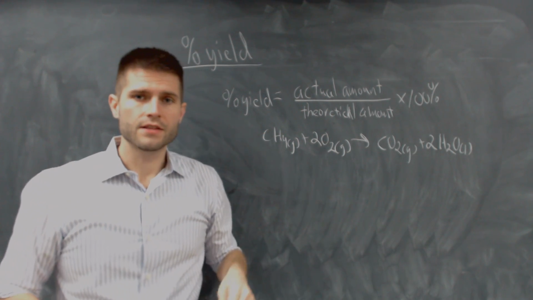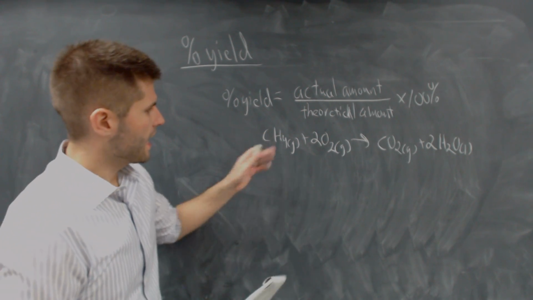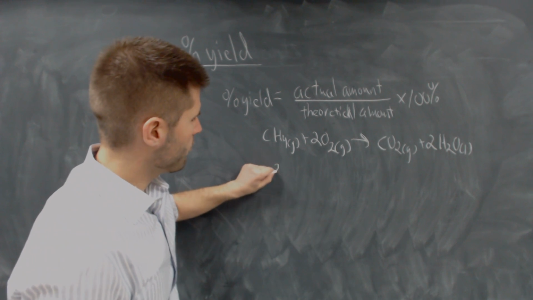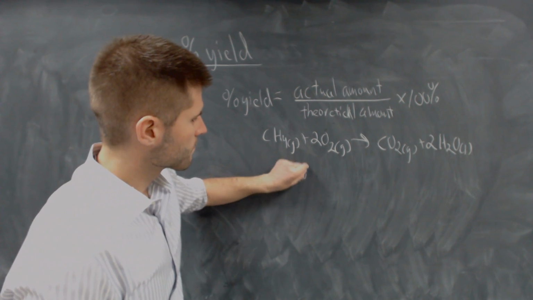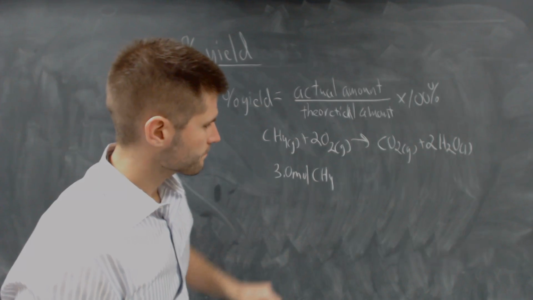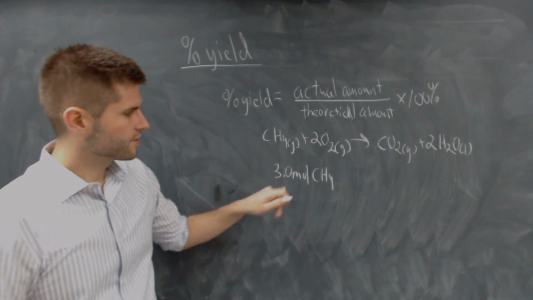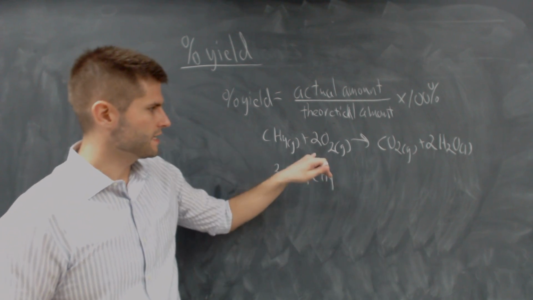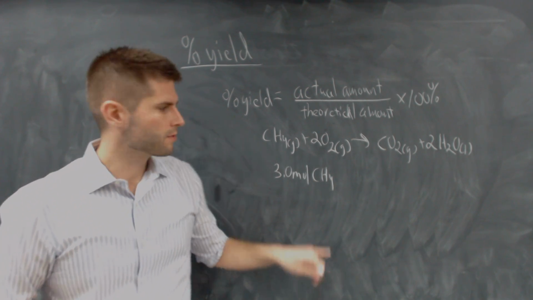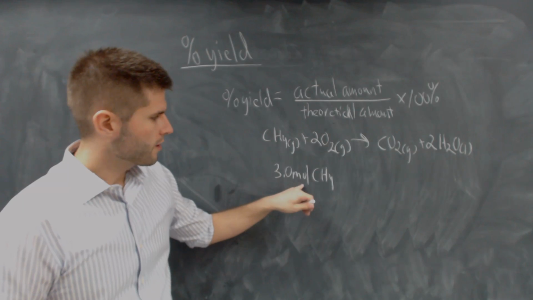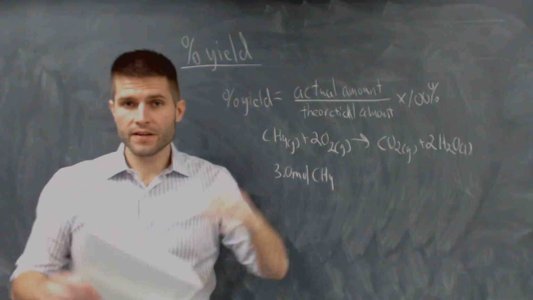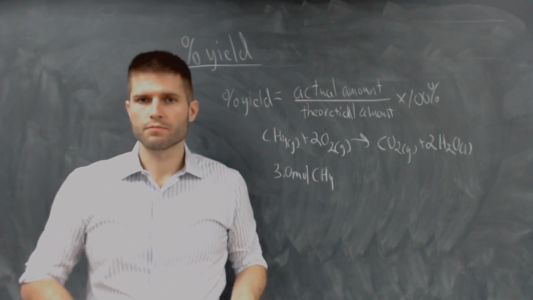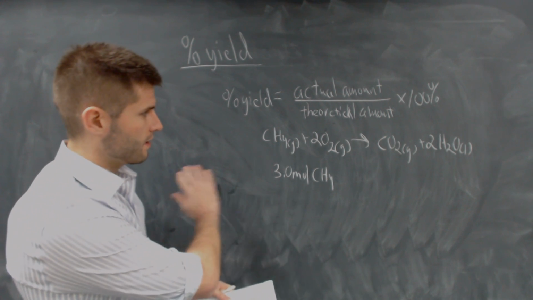And let's say that you were in industry and you started out with 3.0 moles of methane. Now, from this 3.0 moles, you actually burned it in an abundance of oxygen. What that means is this is not a limiting reactant problem. We have 3.0 moles of methane and plenty of oxygen to allow this reaction to take place.